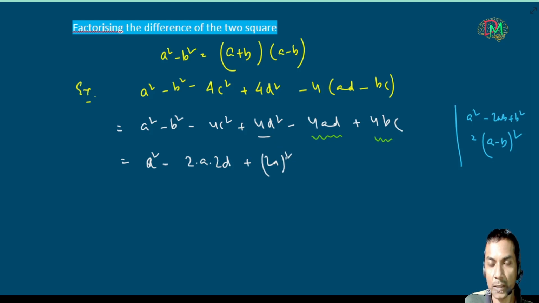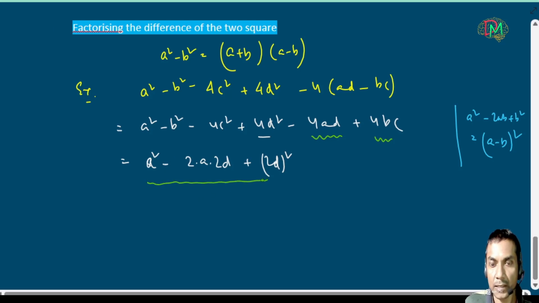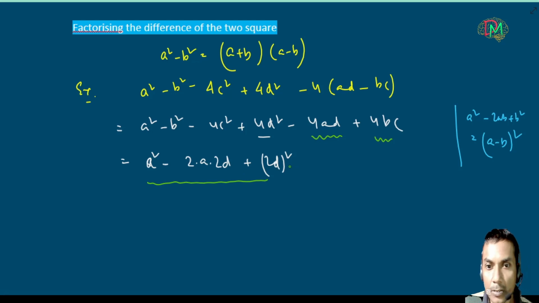We get it from here. Clear? So here we can apply the algebraic identity, that is (a minus b) whole square. Clear?